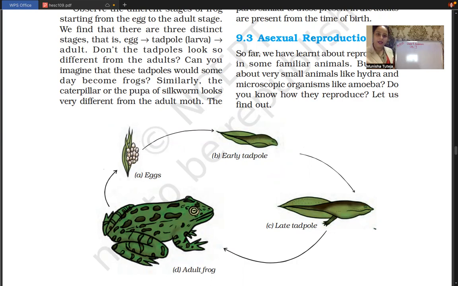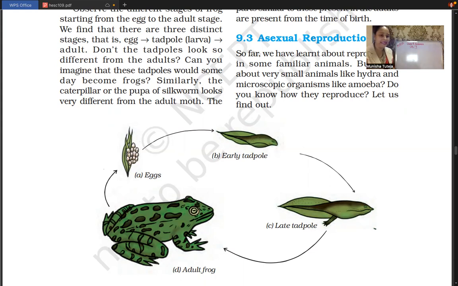If you look at the eggs, will they ever form a frog? And even if you look at the tadpole, we don't get to know that it is finally growing up to become an adult frog. Have you all seen a silkworm? We have all seen that in our books last year. A silkworm, just an insect, does it look like it is going to become a butterfly? Yes, you remember the adult silk moth looks just like a butterfly. So they're so different, right? That is because of metamorphosis that this happens.